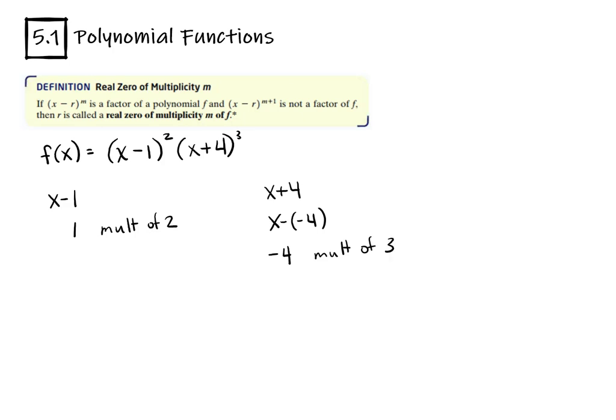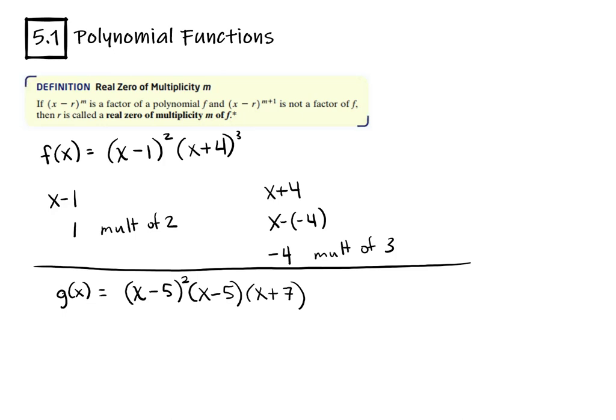And so we have to remember that when we look at each factor, when we're pulling out the real zero, we're going to pull out the opposite sign. When it said x minus 1, we're going to pull out a positive 1. And when it says x plus 4, we're going to pull out a -4. But then each of these real zeros has a multiplicity that matches the power on the function. Very easy, right?